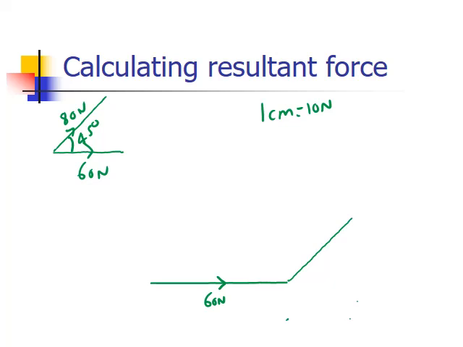So 3, 4, 5, 6, 7, 8, like so. And my resultant vector is the line in blue. Surface is not giving me a particularly straight line. You'll be doing yours on paper.